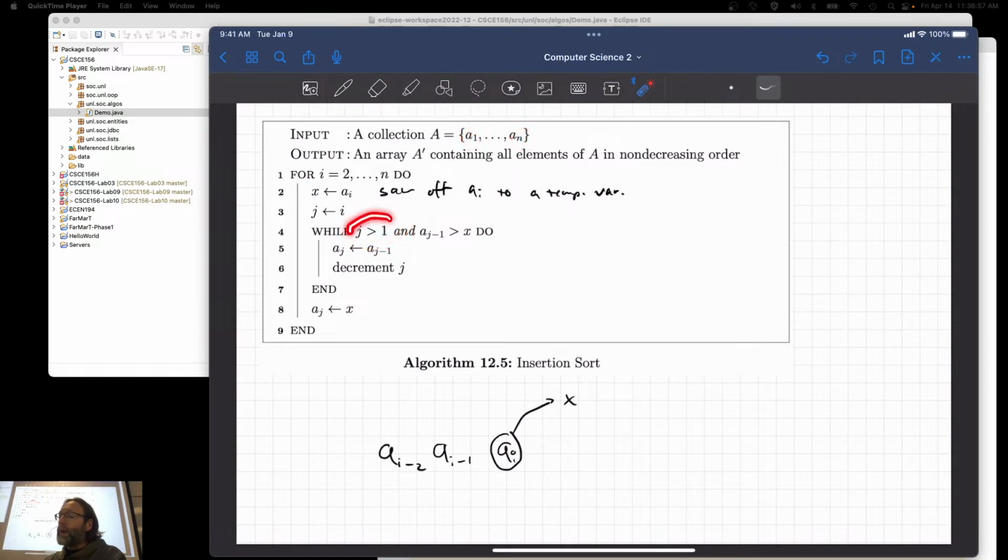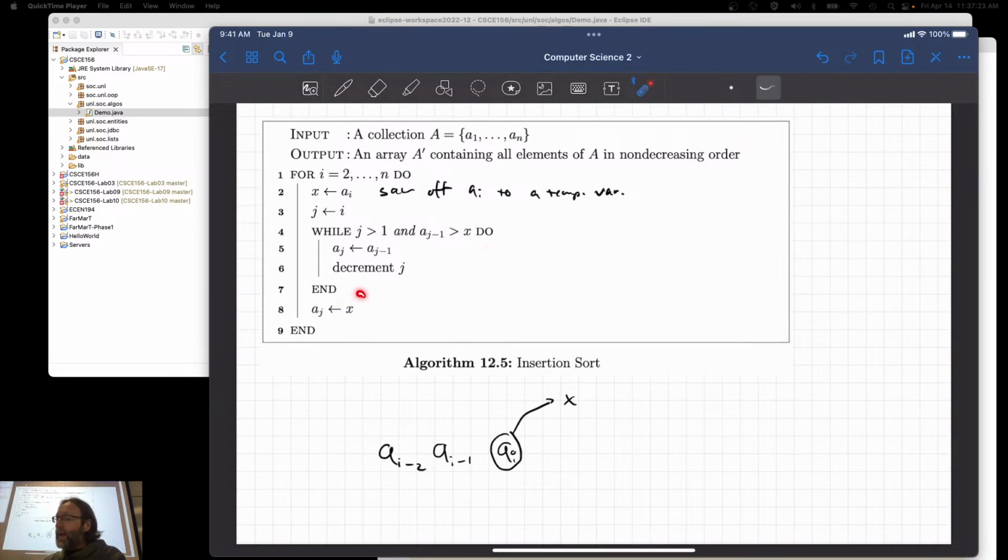So while j is strictly greater than 1, and these things are out of order, I'm comparing x now to this one, and it's out of order, so I need to shift this up. I'm comparing x to this one, and it's out of order, so I need to shift it up. That's the idea. I shift it up, and then I decrement j, because I need to look at each one previous to it. By decrementing j, I simply mean j minus minus.